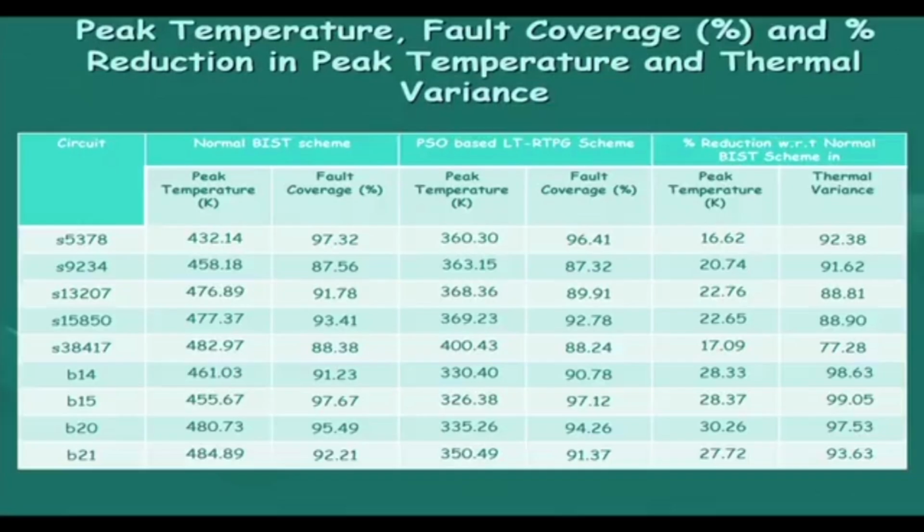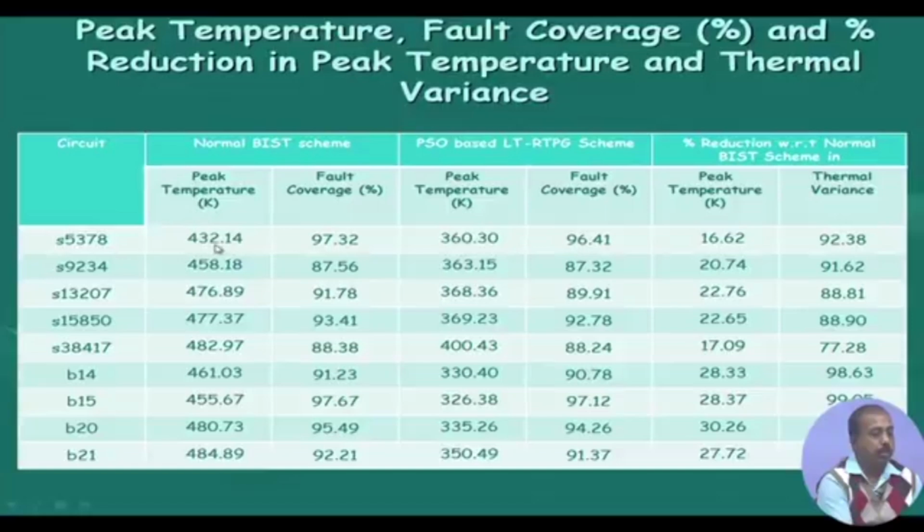So, if we look into parameters like peak temperature, variation, fault coverage and so on, in a normal BEAST scheme where there is no such choice of polynomial and seed, for the 5378 circuit, the original temperature was 432.14 degrees Kelvin, and fault coverage was 97.32.